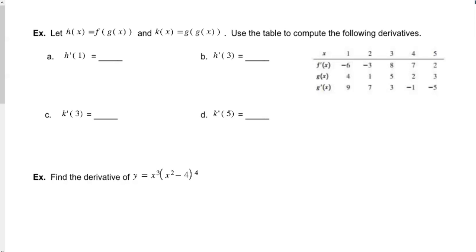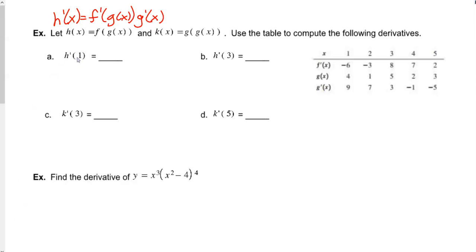Now, according to our definition that we have on the previous page, I'm going to write above here what is the derivative. Remember, we take the derivative of the outermost function, which looks like f prime of g of x, but then I have to take the derivative of the inside piece, so I have to multiply that by g prime of x. So that's what we're going to do for parts A and B, to find out what h prime of 1 and h prime of 3 are. So let's do that, and then we'll find the k of x, k prime of x.